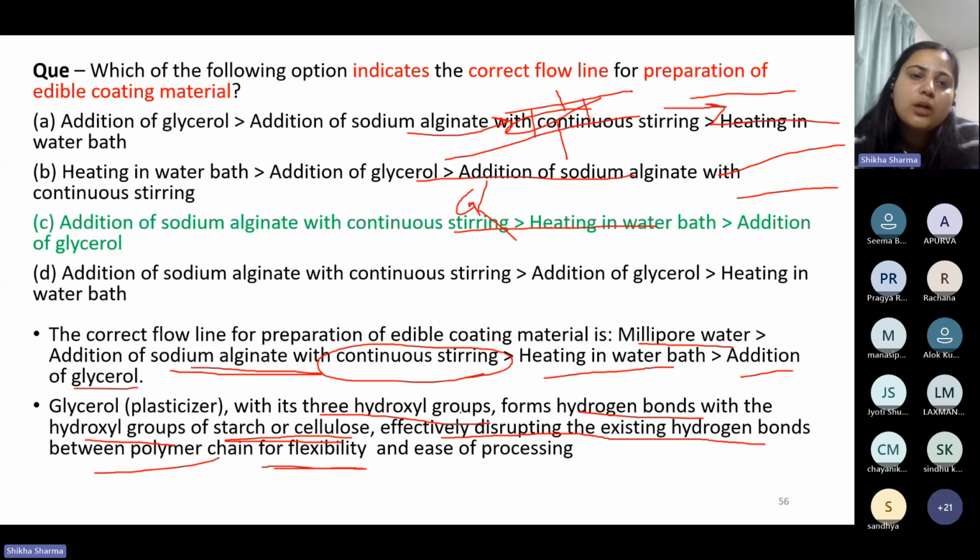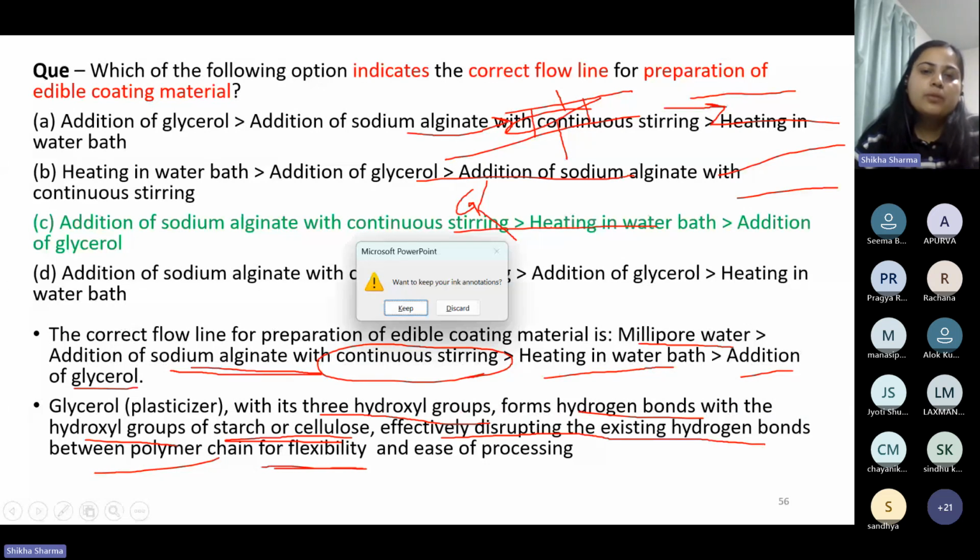It's not fixed that this kind of coating will be applied to this. There are also no such food regulations in the FSSAI about these coating materials. So it is difficult to say which food material we can apply different coatings to.